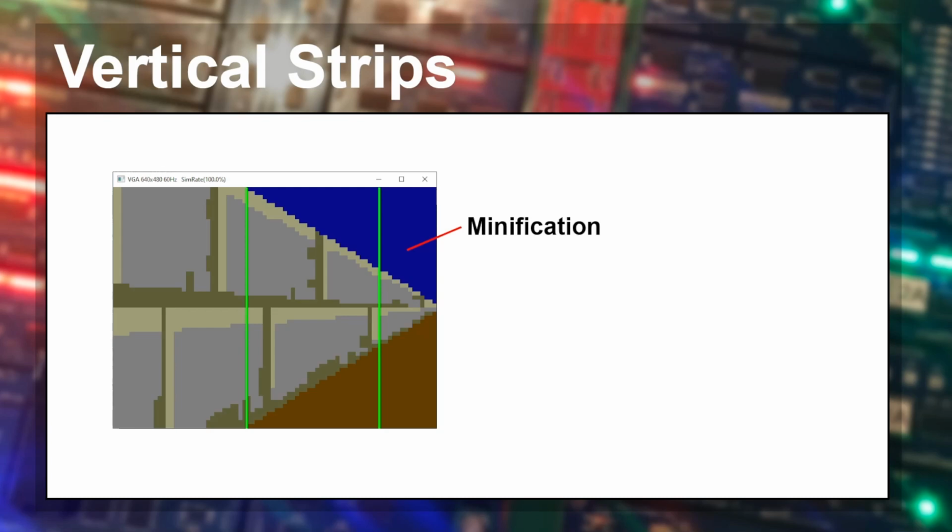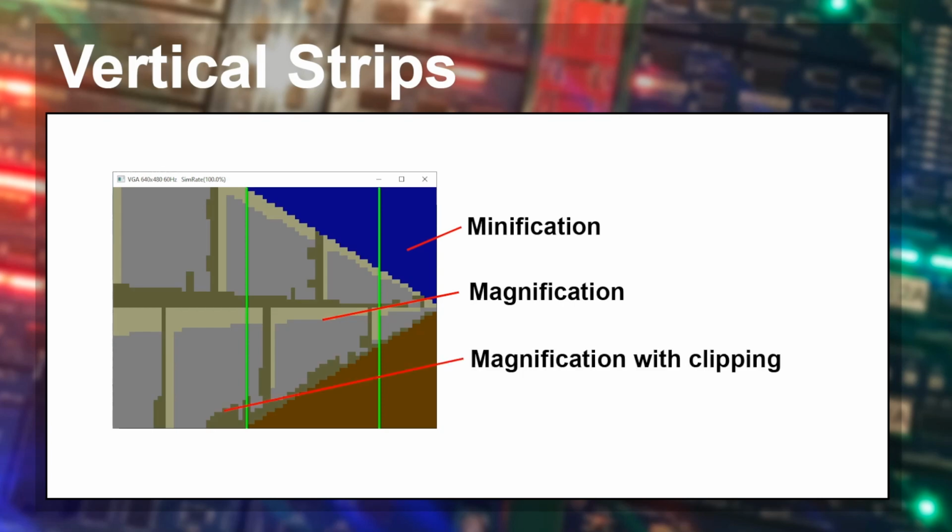That is where the texture is being drawn on the screen smaller than it would normally appear. The second section deals with magnification, and that's where we're increasing the scale of the texture data as we draw it, but where we need both the top and bottom fill that we're using here for kind of sky and ground or ceiling and ground. And then the third case is magnification with clipping.